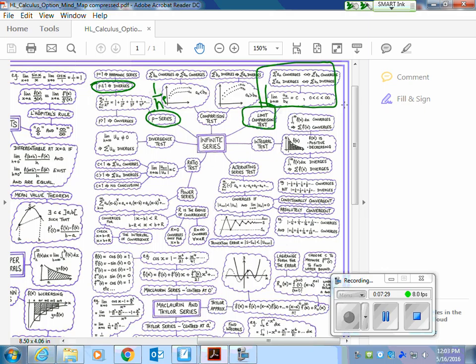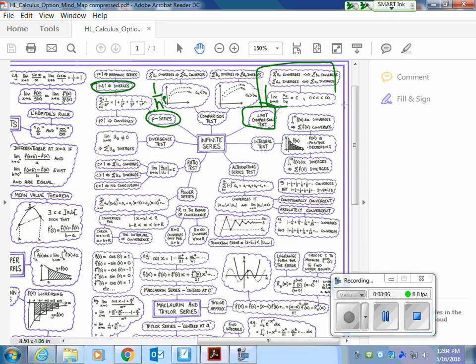If you take the limit as k approaches infinity of a of k over b of k, and you get a constant not equal to 0 or infinity, then both converge or both diverge. So if you knew one diverged, they both diverge. If you knew one converged, you'd know they both converged. Those are all of the tests that we did.